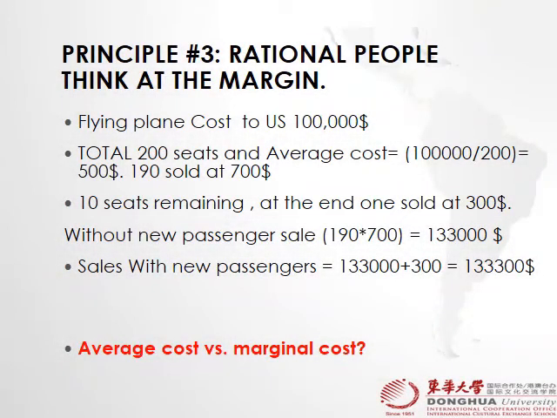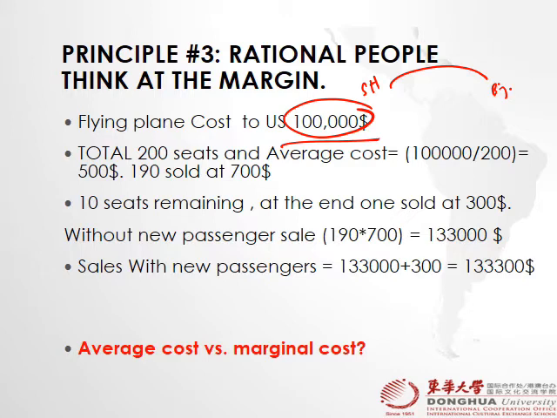Let's see an example. A plane flight costs $100,000. For example, the plane is flying from Shanghai to Beijing, so the cost is $100,000.